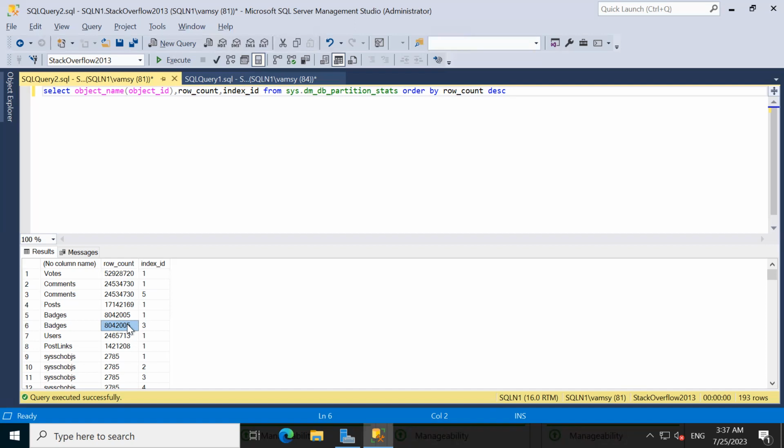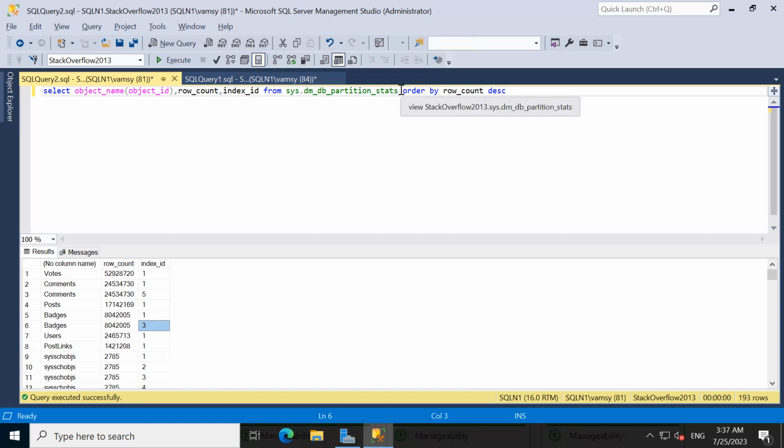For example, if I have A, B, C, D, and I create a non-clustered index on column C, it will have the same number of rows as the main table, but only with respect to C. I don't have information of A, B, and D. That's the reason you are seeing the same number of rows twice, because I have the non-clustered index.